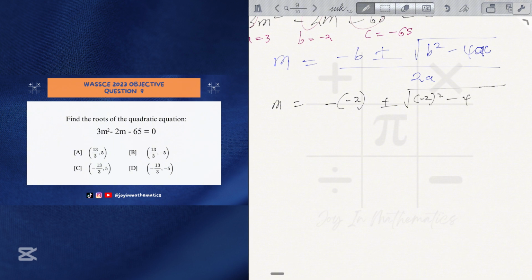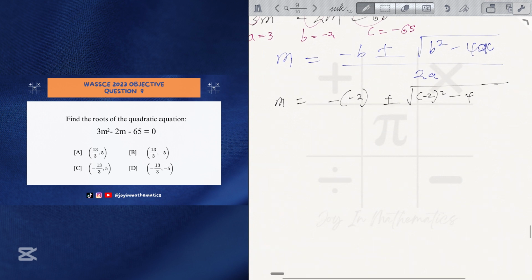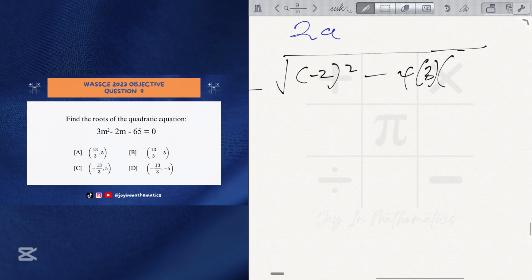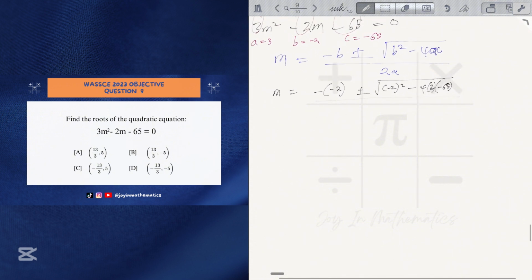For a equal to 3, we have 4 into 3, and c is minus 65, multiplied by minus 65. And everything is divided by 2a, which is 2 multiplied by 3.